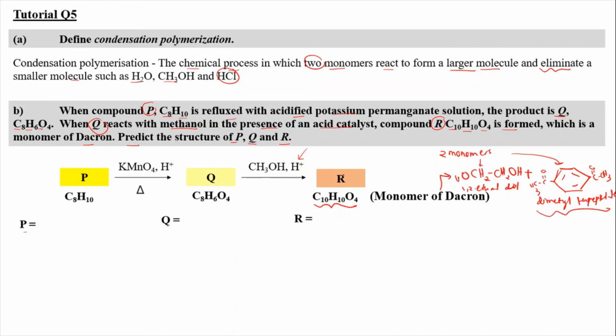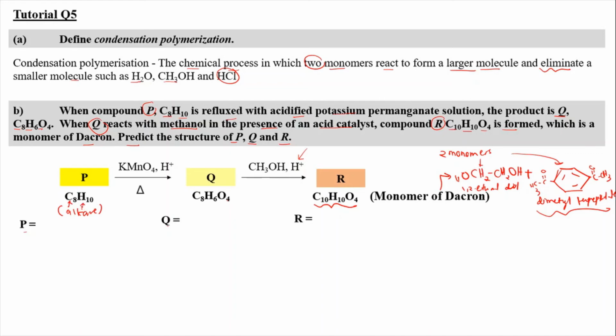Okay, and then you can go the reverse way. That may be the first strategy. If you don't remember the structure, what you can do is start with P first. You know that C8H10 is a hydrocarbon because it only consists of carbon and hydrogen.